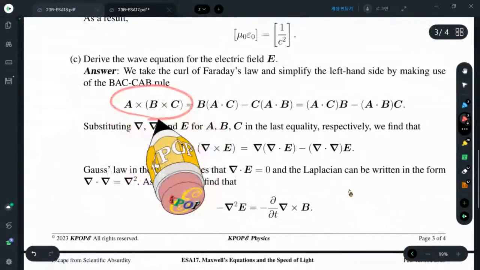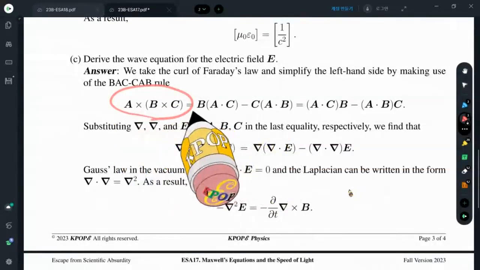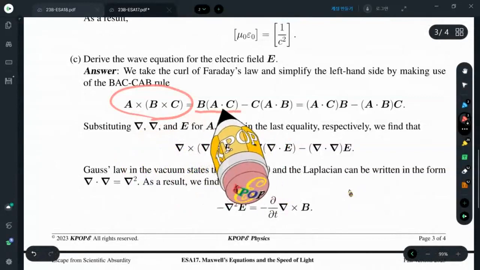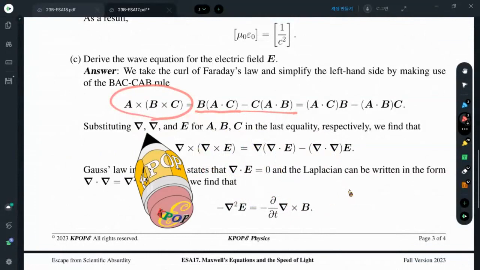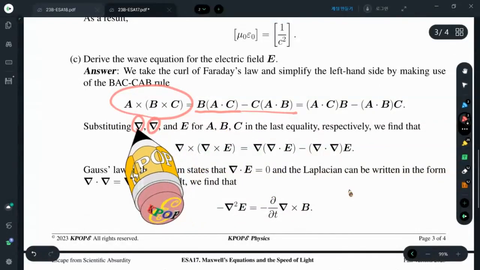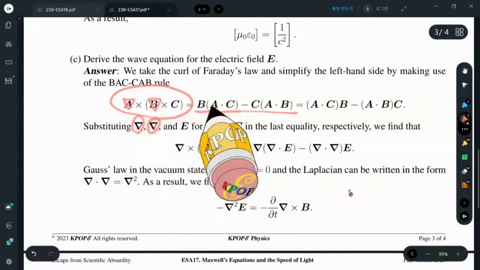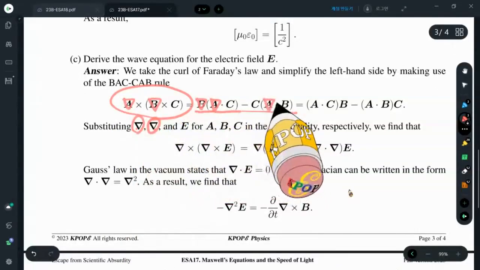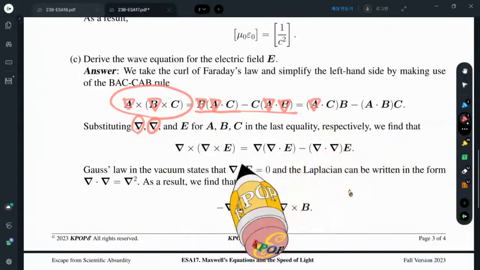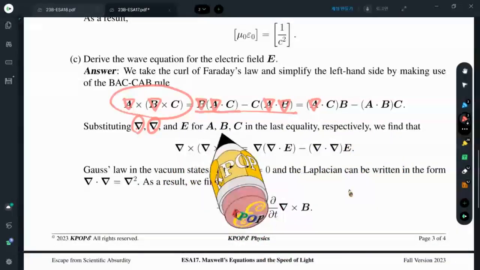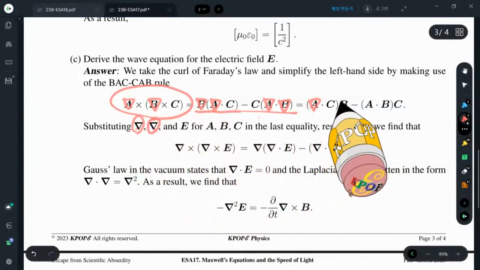We can make use of the BAC-CAB rule for normal vectors. However, if I substitute the derivative operator for A and B, the ordering matters.